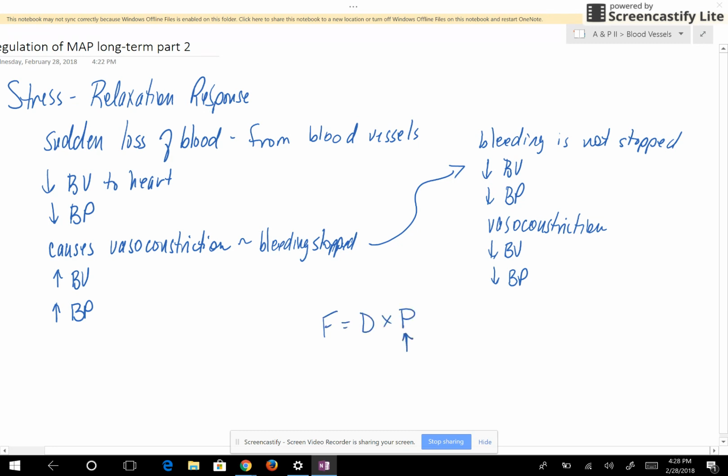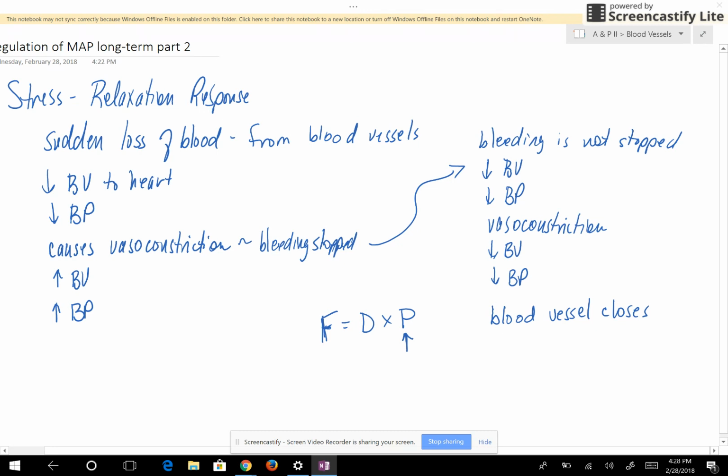Okay, so this pressure here is going to eventually get so low that the force on the blood vessel wall is low and the blood vessel is going to collapse. Remember, we talked about critical closing pressure and Laplace's law, and this is Laplace's law with the force equals diameter times the pressure.